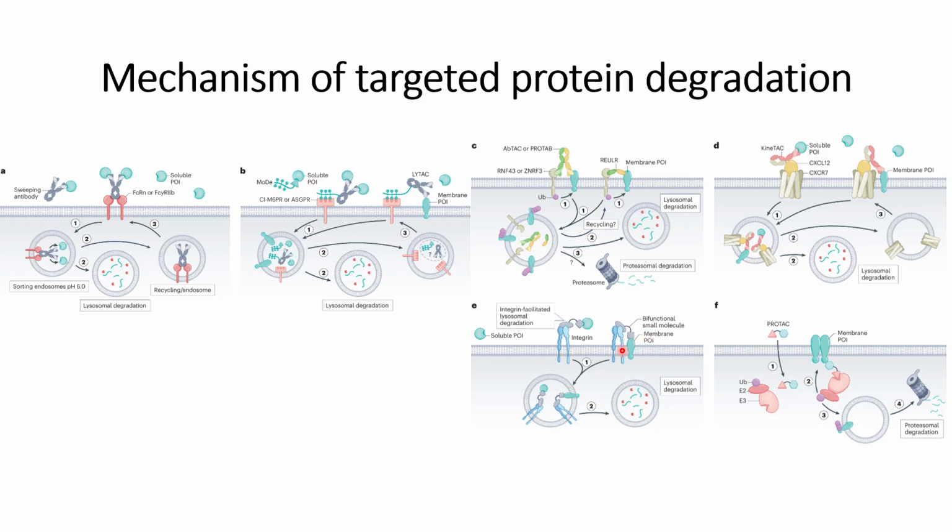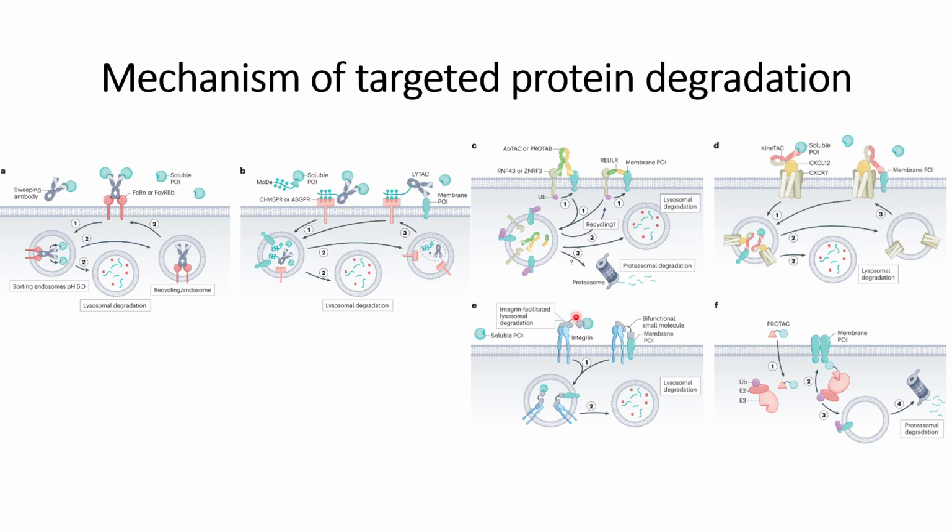And afterwards, in the next mechanism, they exploit the recycling integrins. Here they use antibodies that are designed in such a way that at one end it will interact with the recycling integrins, and at the other end it will interact with the targeted protein of interest. It can also work for the soluble protein and the membrane protein of interest.